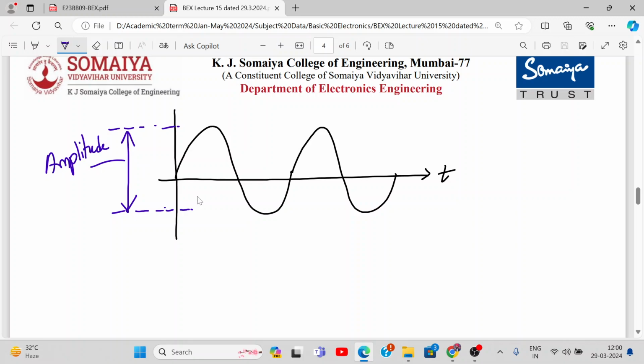Like any human being standing up front, you can measure their height. Similarly, this is an AC signal or sinusoidal waveform, or simply a sine waveform. Yes or no? So this is the amplitude.